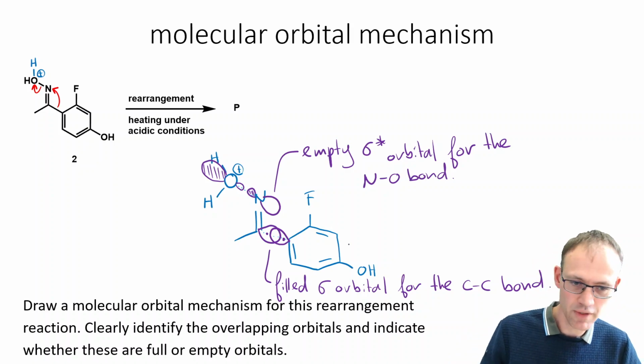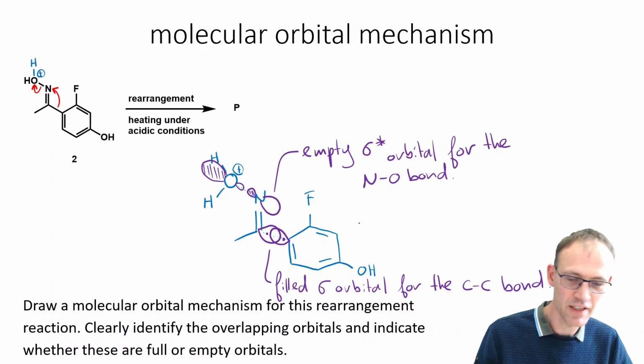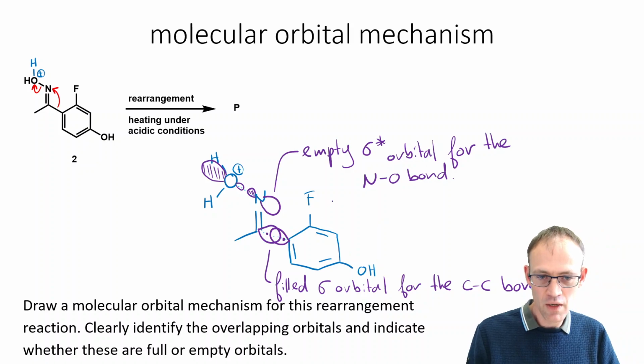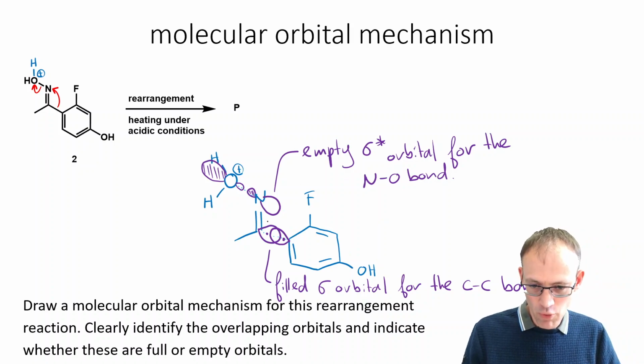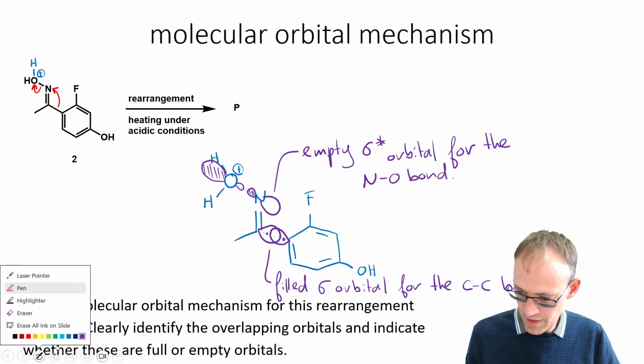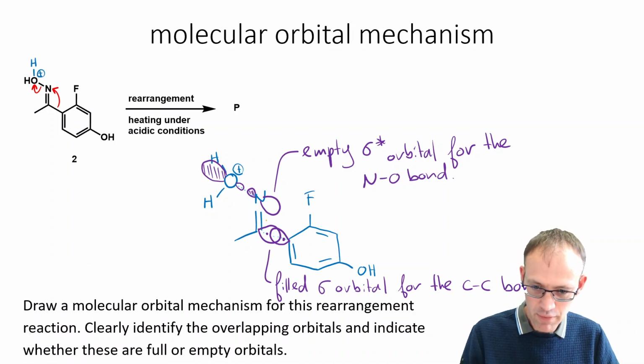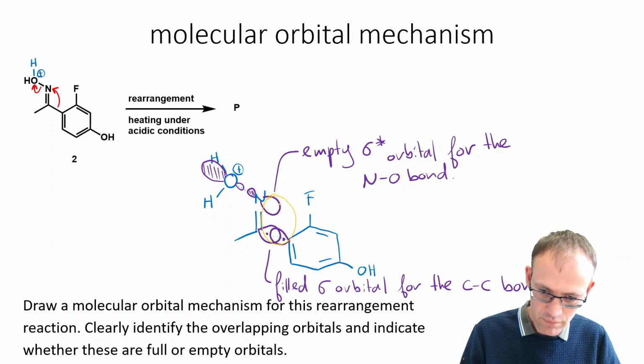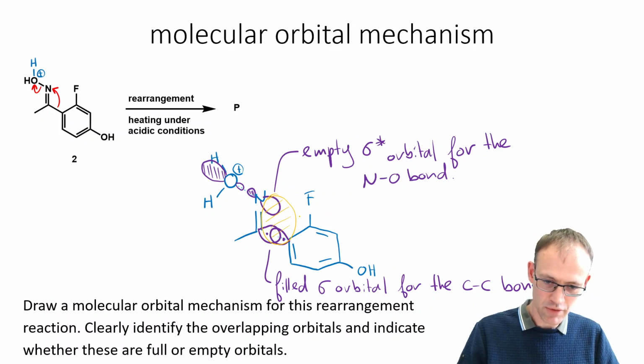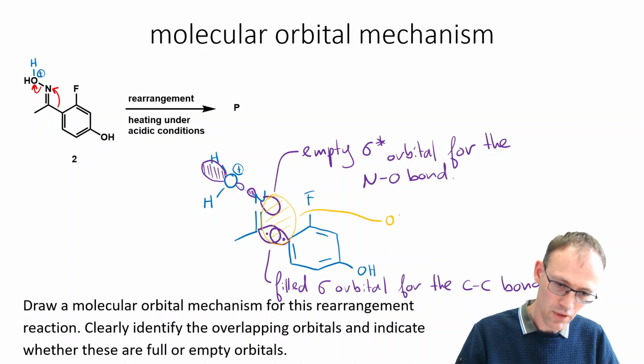Let me just sit to the side so you can see the word bond here as well. So what we see is that we have pretty good overlap between this filled sigma orbital and the empty sigma star orbital. So we have orbital overlap.